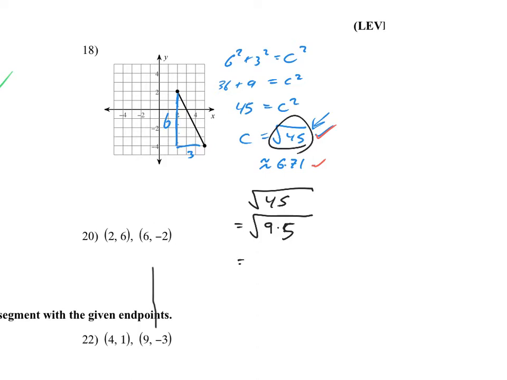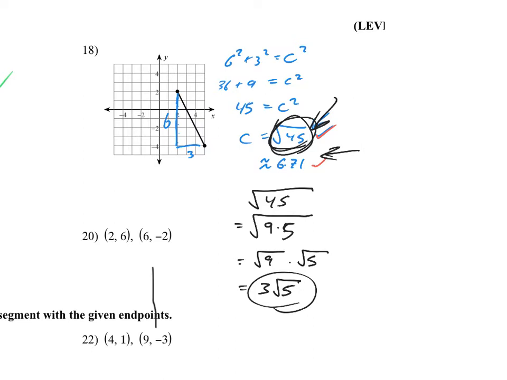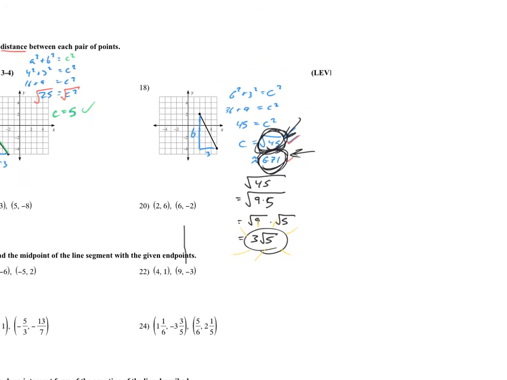What we can do with that is break it up into root 9 and root 5. Root 9 is 3 and root 5 is root 5. So this is the same thing as this or this. It's just simpler than this and more exact than that. So I'm happy with these two, but this is like 7-8 material if you can figure out how to do that with me. All right.